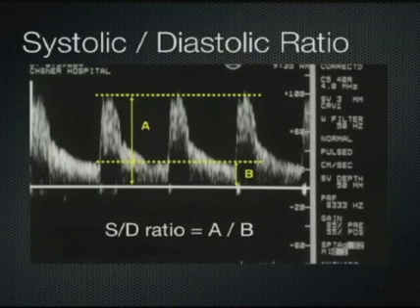There are several means that are used to attempt to describe the differences in systolic and diastolic flow which may arise from differences in downstream resistance. The simplest of these is the systolic to diastolic, or A/B ratio, which is simply a ratio of the peak systolic amplitude, which can be either frequency or velocity, and the end diastolic frequency or amplitude.